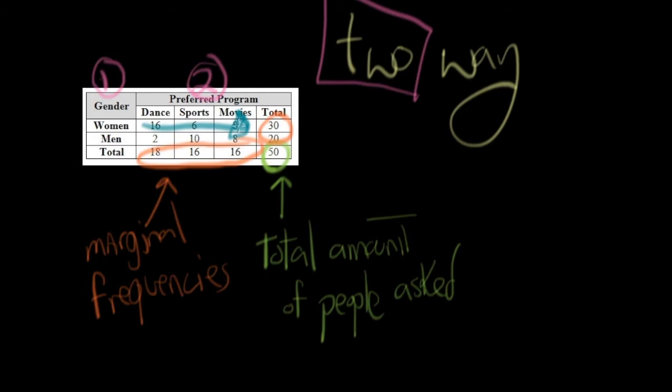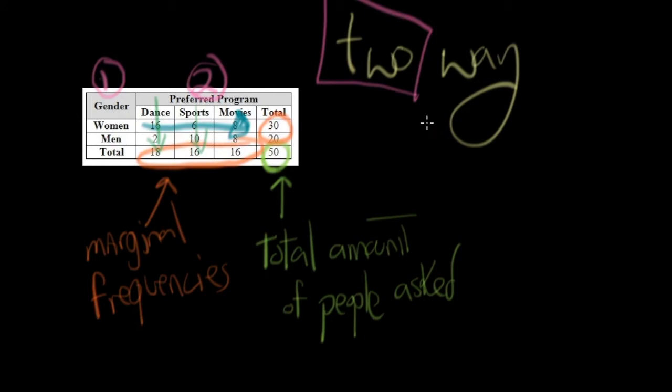So 16 plus 6 and 8 is 30. 2 plus 10 and 8 is 20. And you also add down, because this is a two-way table. So 16 plus 2 is 18. 6 plus 10 is 16. And 8 and 8 is also 16. So the marginal frequencies are added across and down.